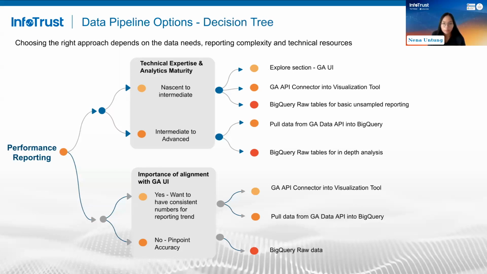However, if alignment between the data set and UI isn't as important, you can fully rely on BigQuery, as it does provide you with that raw data export. And you can really unlock the full capabilities of reporting using custom queries that best fit your business or reporting needs.